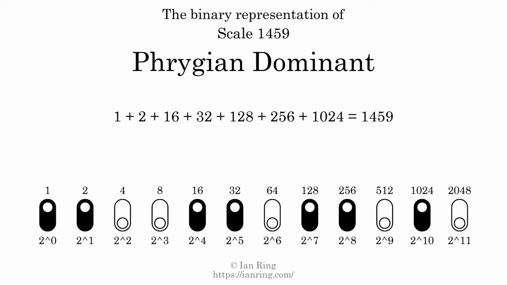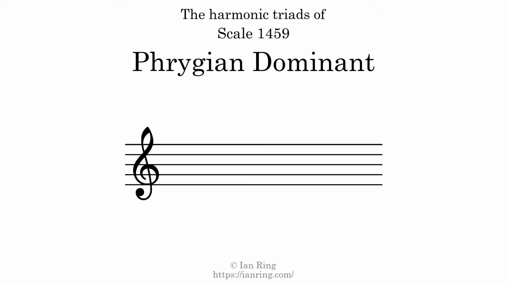That is why the scale number, in decimal, is 1459. The scale number not only enumerates the scale with a unique index, but it also literally describes the tonal content of the scale. Represented as a binary number in base 2, the scale number is 0101101100011.